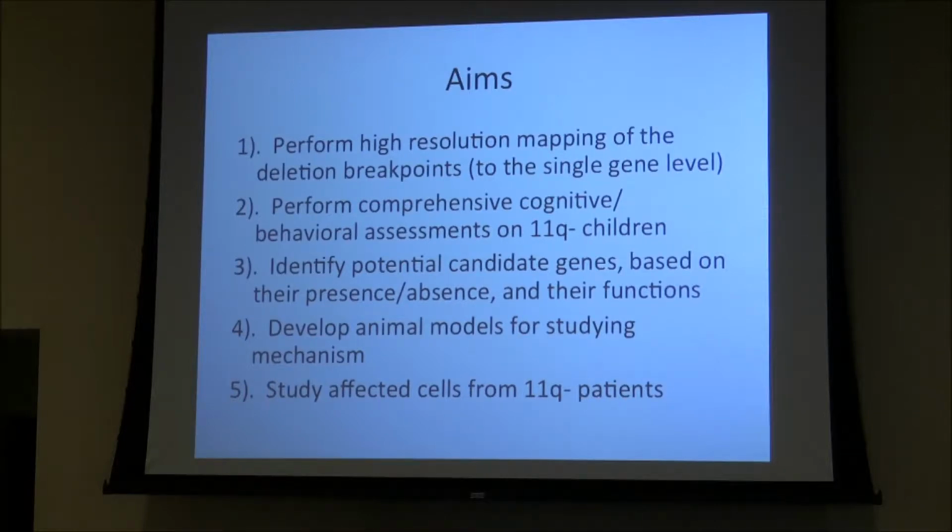And then lastly, to look at animal models for studying the mechanism of how those genes function normally and what might happen as a result of the loss of that function. And then lastly, to go to your children, and I will never ask to do a brain biopsy from your child, but we can do something almost with the same scientific power, and that's what the skin biopsy thing is all about, and I'll come back to that.